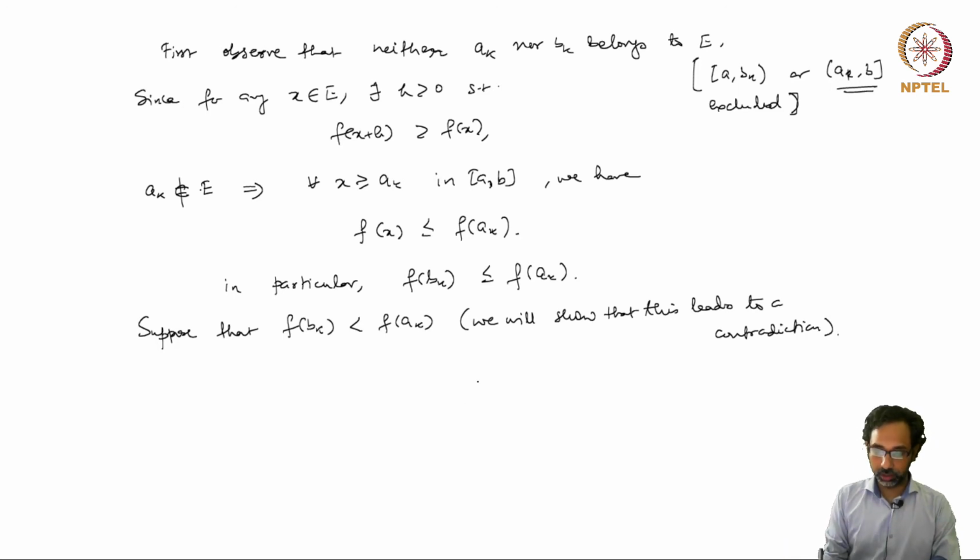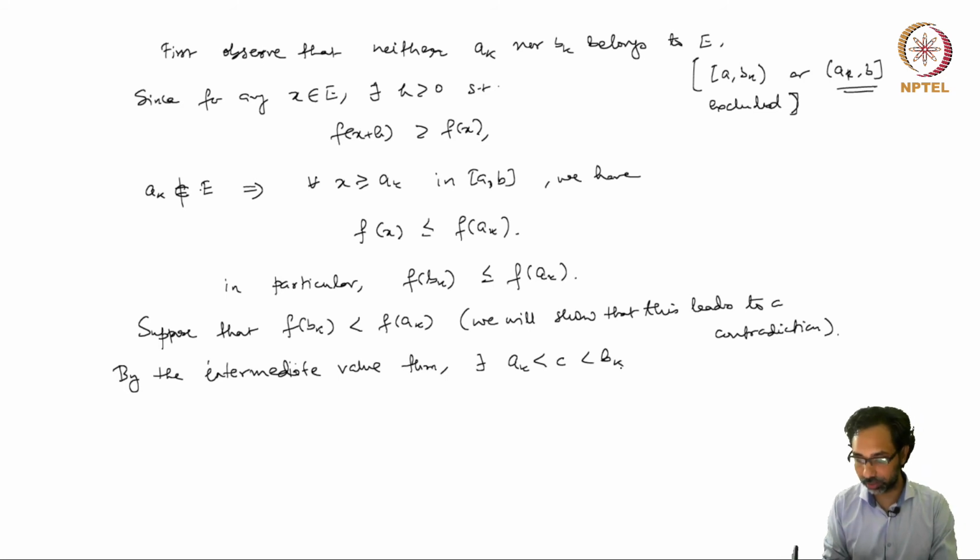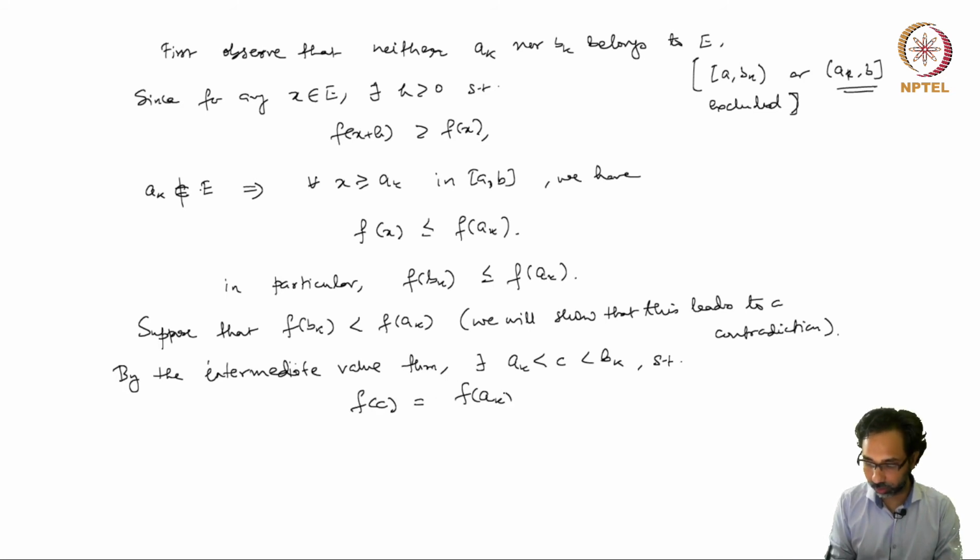Okay, so we have to show that f(bk) is equal to f(ak), so this will prove our result. Because f is continuous, by the intermediate value theorem, there exists a c which lies strictly between ak and bk, such that f(c) is equal to (f(ak) plus f(bk)) over 2.